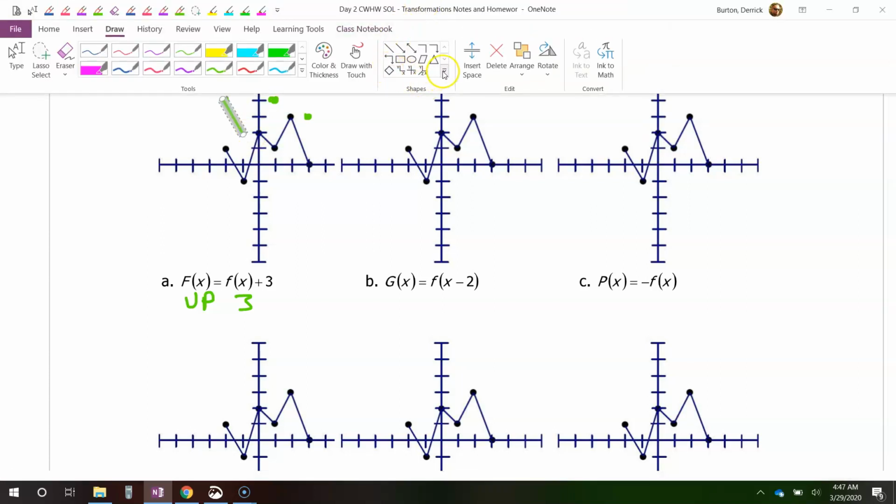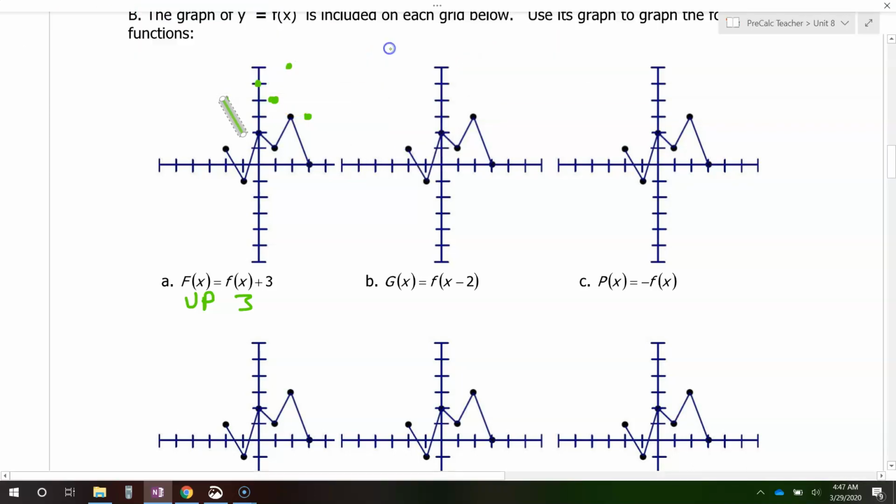I need to lock drawing mode. Okay. So we just moved that graph up 3.